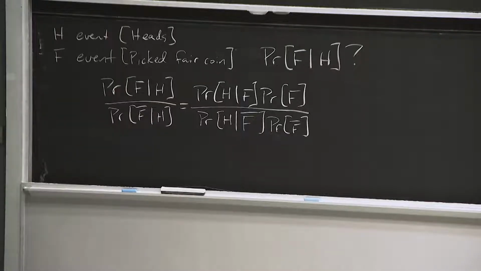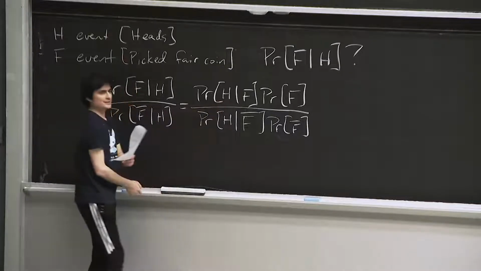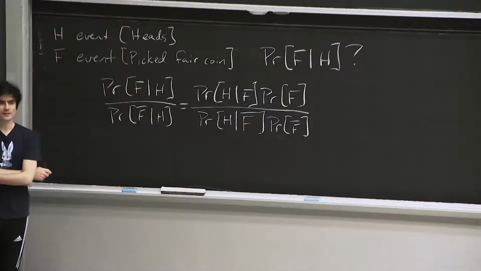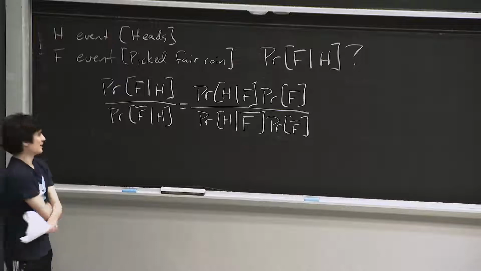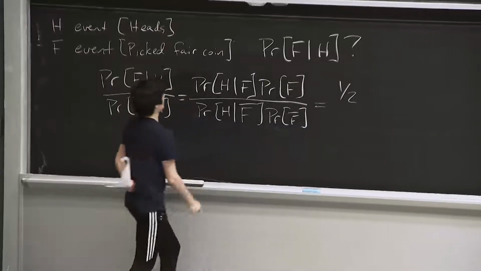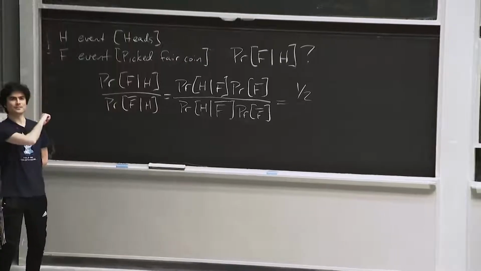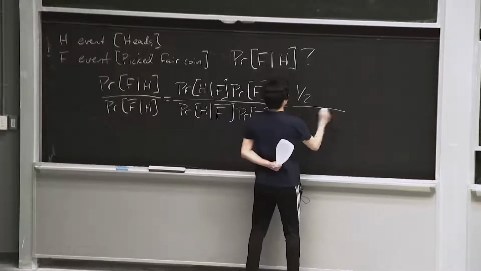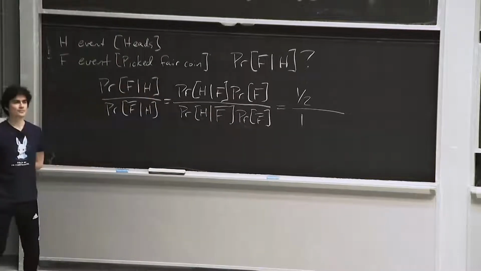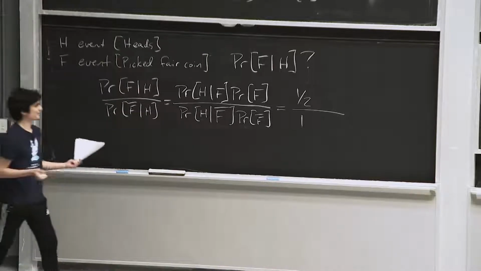So this expression is much easier to work with. What's the probability of H given F? 1/2. What about the probability of H given not F? 1. And the probability of F and not F? Those are each 1/2 by assumption.